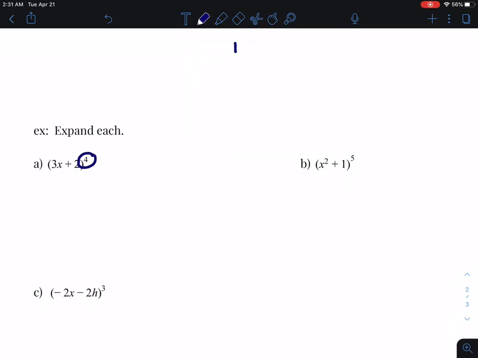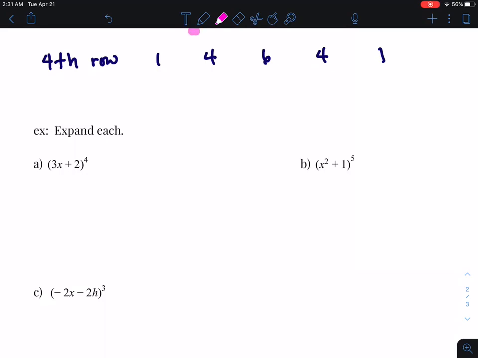It's called the 0th row, but we are using the fourth row. So the fourth row, the coefficients are 1, 4, 6, 4, 1.